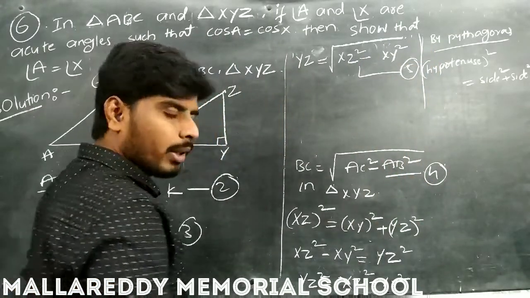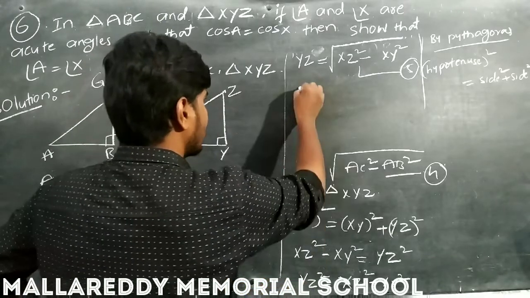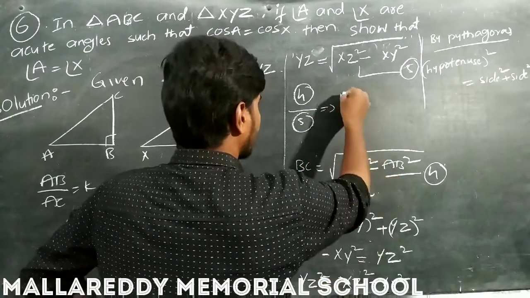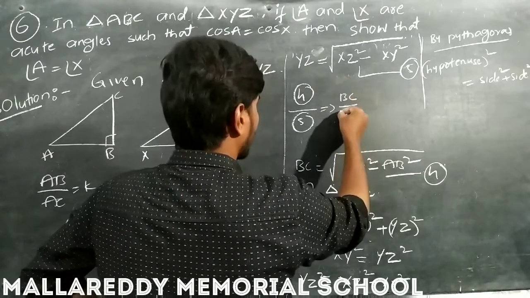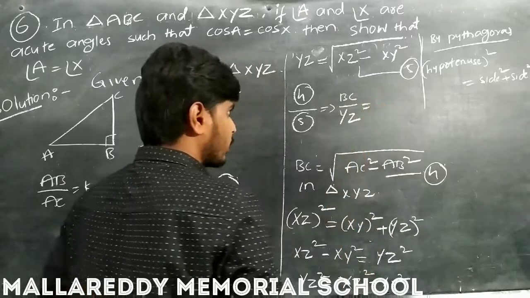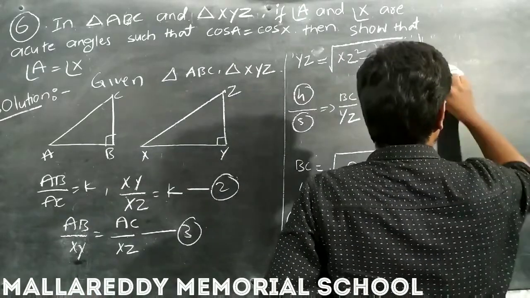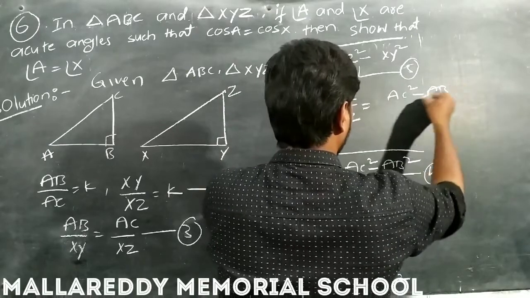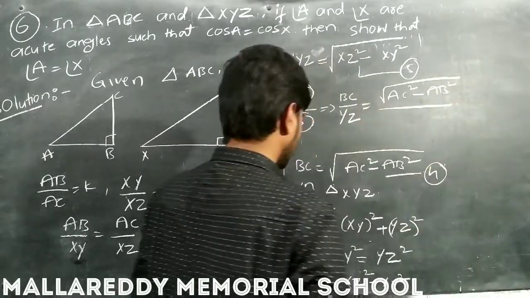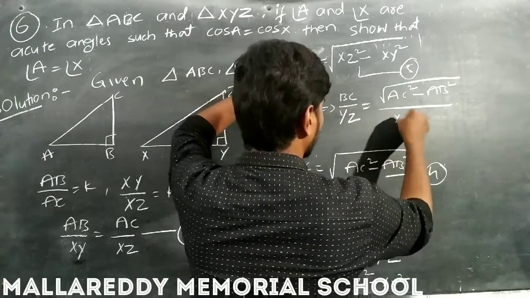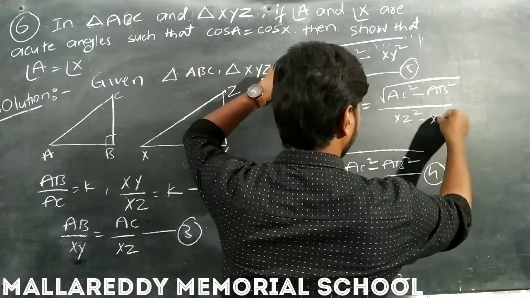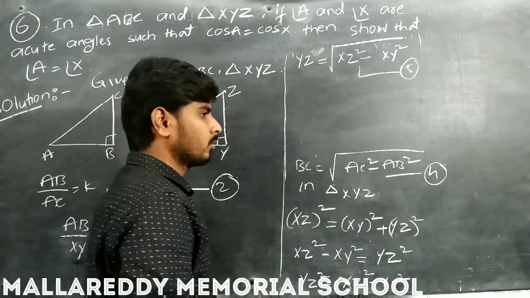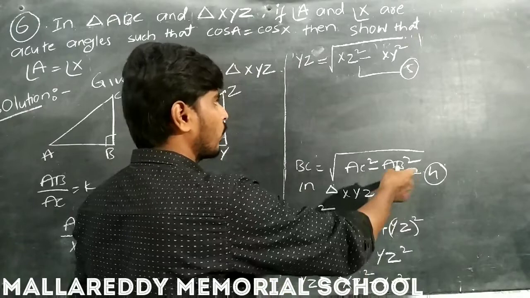So it is equation 5. Now I am taking the ratio between equation 4 and equation 5.